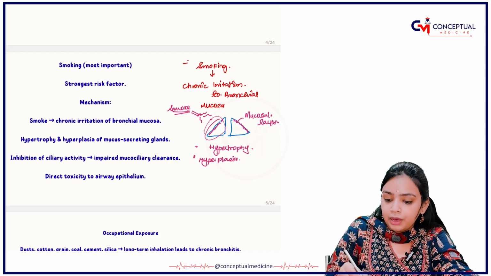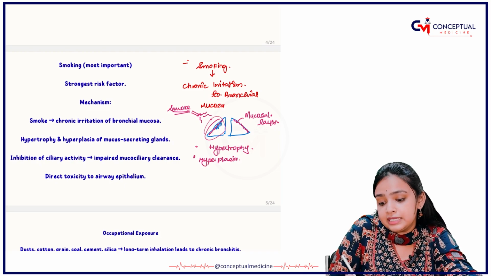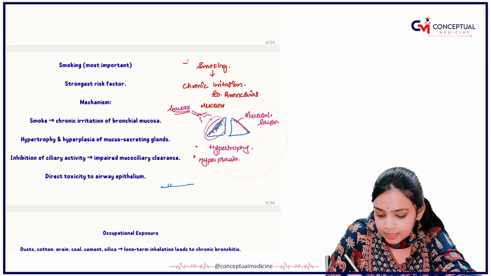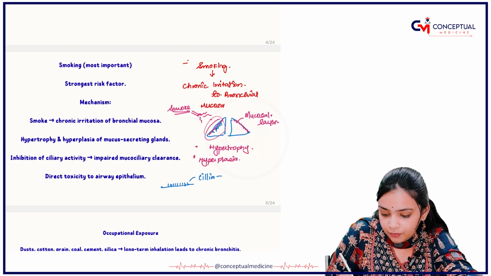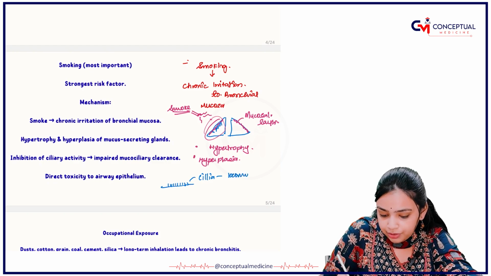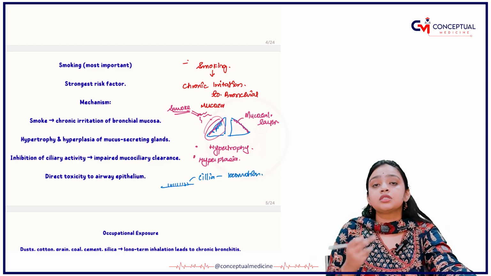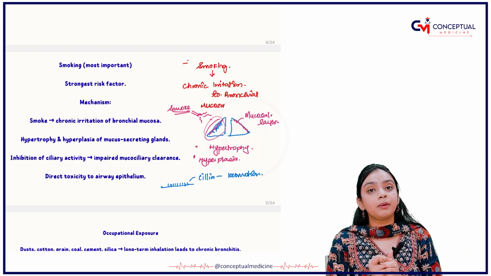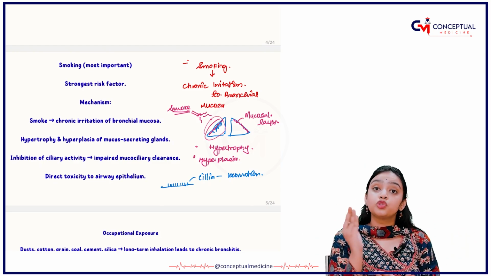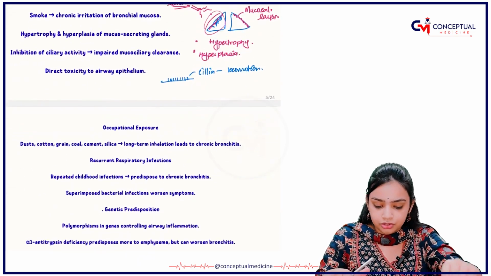There are certain cilia. You know what cilia are? Cilia are for locomotion, right? So when the person smokes, the cilia also get disrupted, as a result of which there is no locomotion in the lungs.